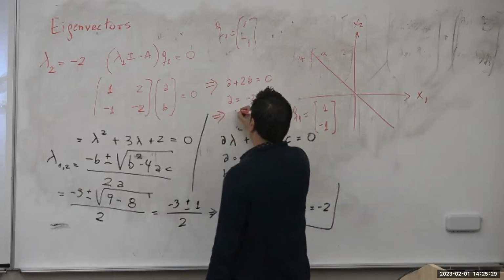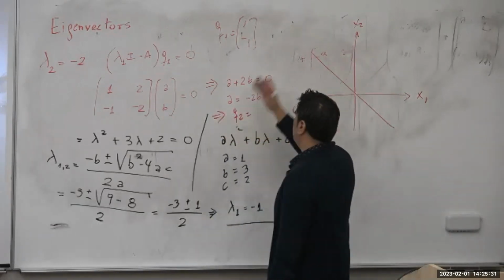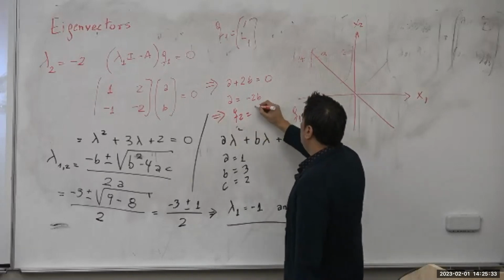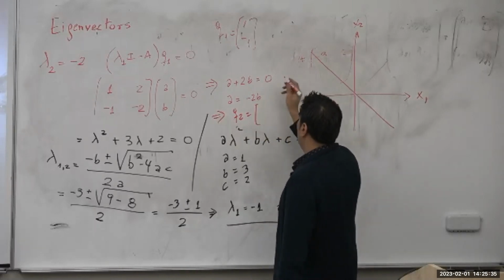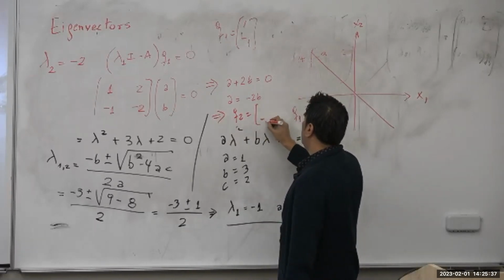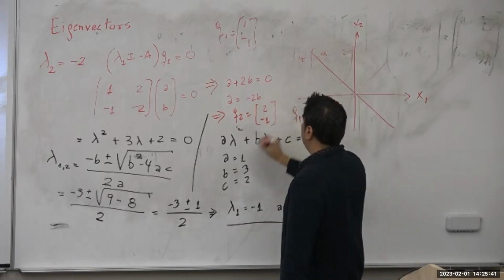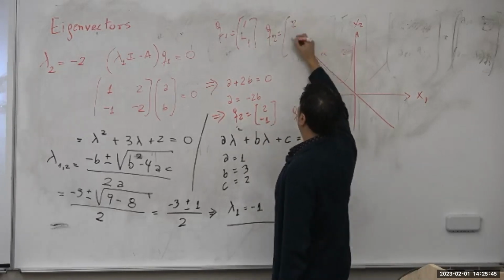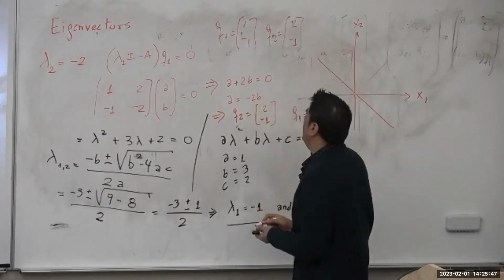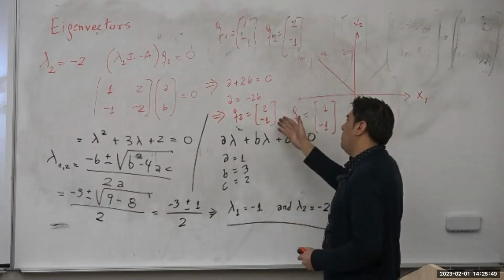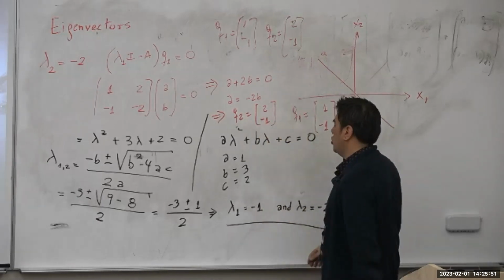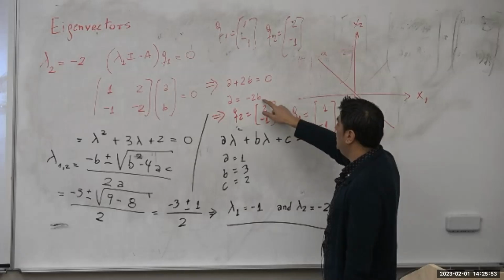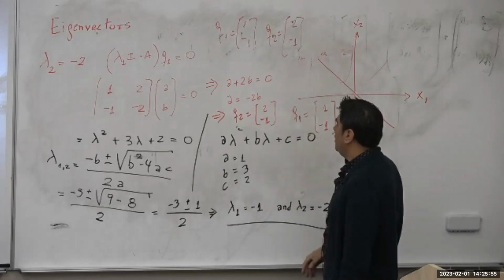And from here, we can conclude that Q2 is going to be, if B is negative 1, then A will be 2. So Q2 will be 2, negative 1. And once again, can we pick a different vector? Yeah, we can say that B is 10.